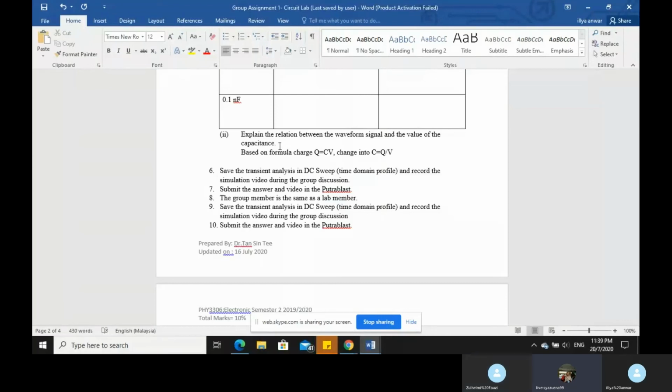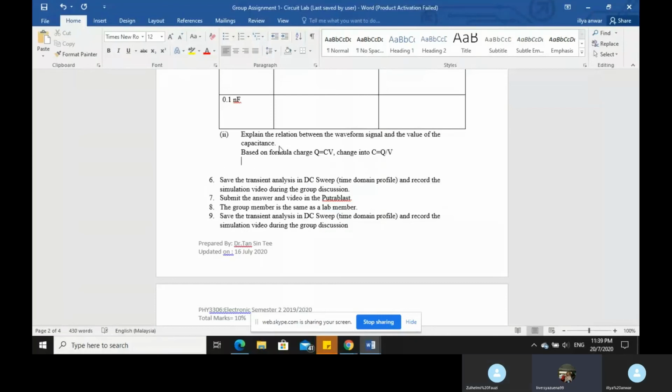This question wants the relation between the waveform signal and the value of the capacitance. As we know, the waveform signal decreases because of voltage.